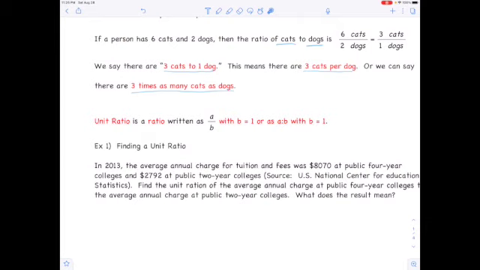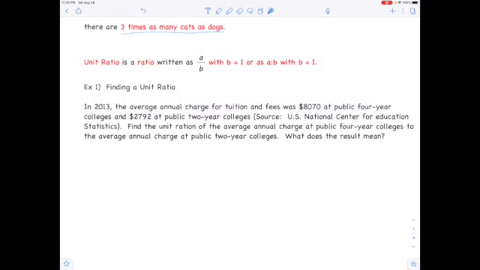A couple of examples now. Example 1, find a unit ratio. In 2013, the average annual charge for tuition and fees was $8,070 at public 4-year colleges and $2,792 at public 2-year colleges. The source is the U.S. National Center for Education Statistics.